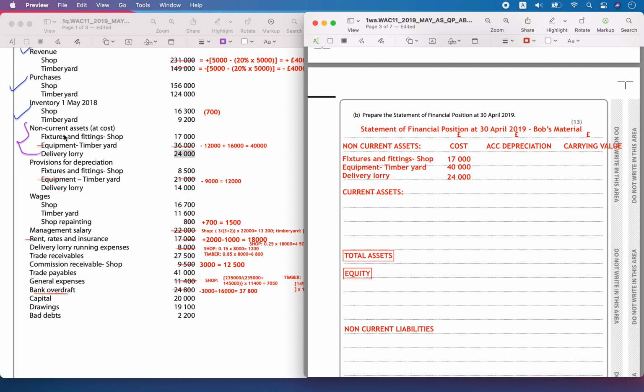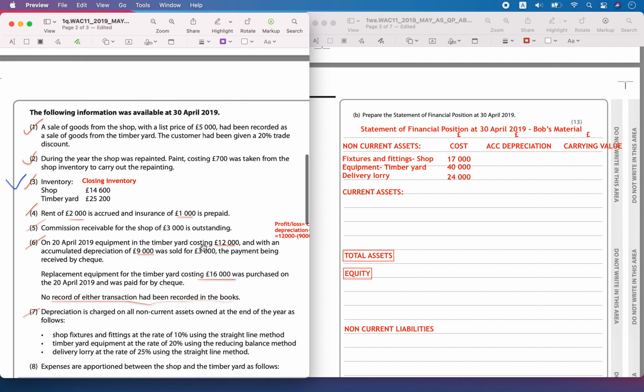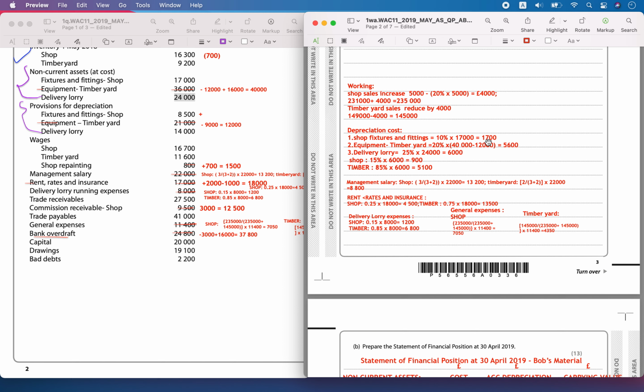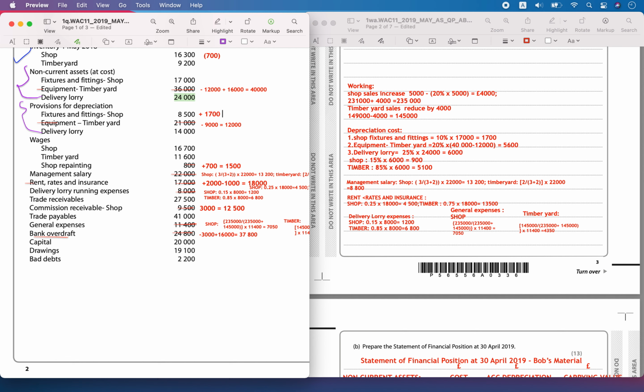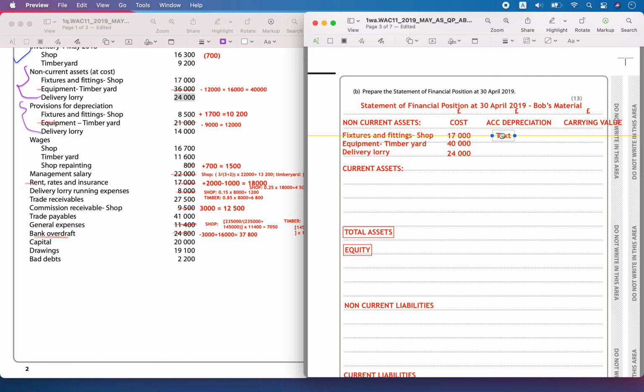Now we have to calculate the accumulated depreciation. For the fixtures and fittings, it is 8,500 plus this year's depreciation of 1,700, which is equal to 10,200 pounds. Let's write it here.